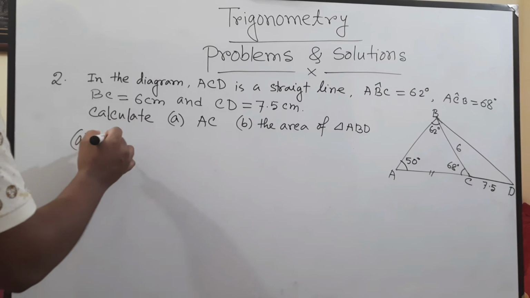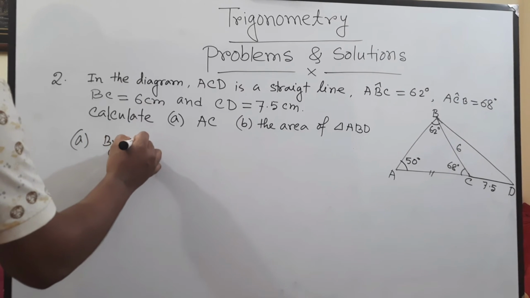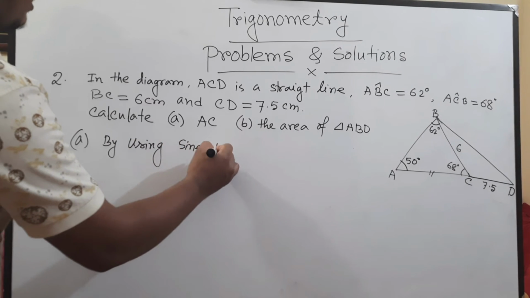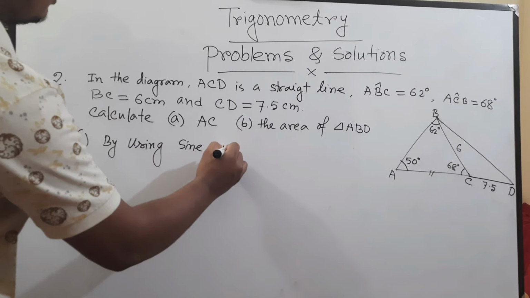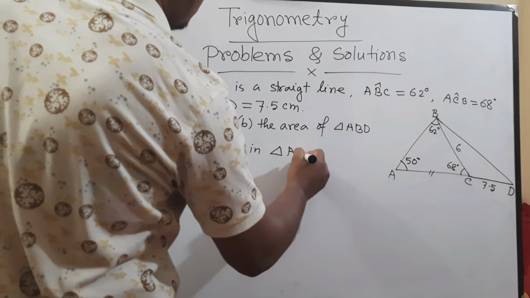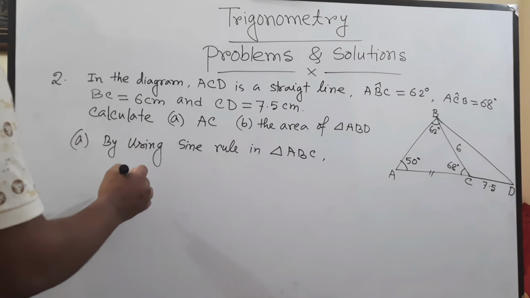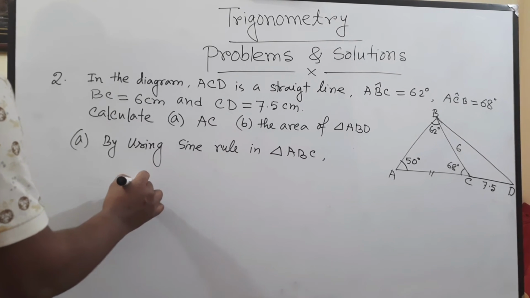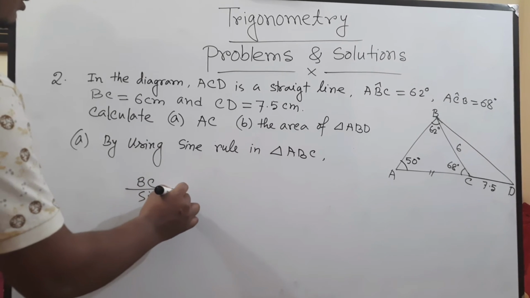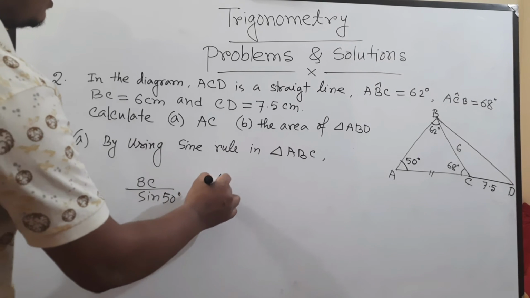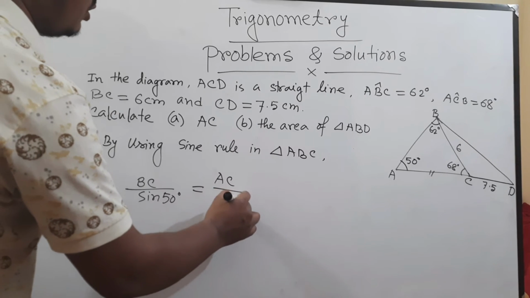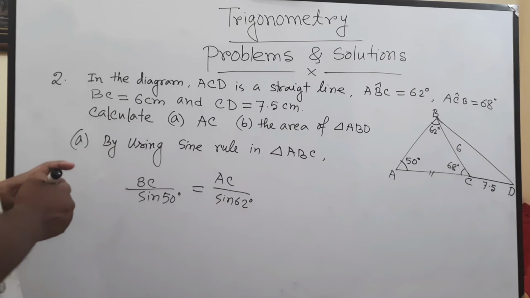For number A, by using the sine rule in triangle ABC, then we can write BC over sine 50 degree equal AC over sine 62 degree. So we can take only two relations.